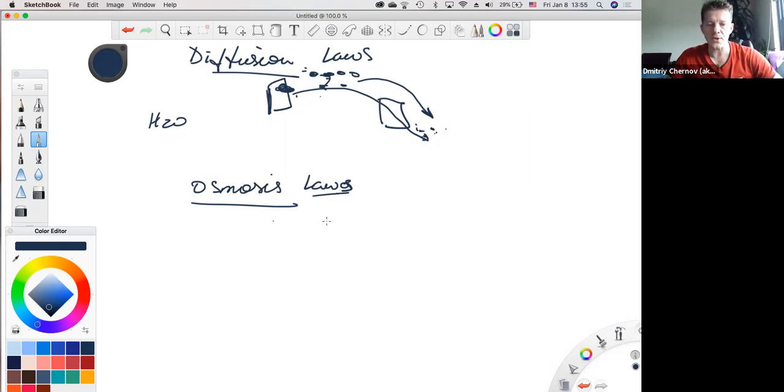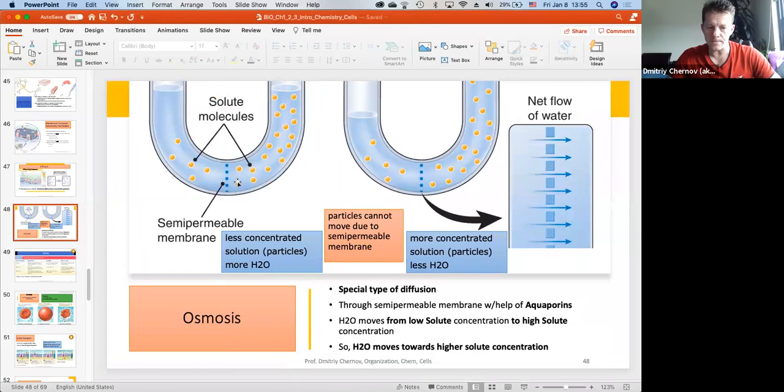Osmosis, on the other hand, is the movement of water against the concentration gradient. And now let's look at this gradient. It would be a lot easier to understand with this visual representation. Here's a semi-permeable membrane. Everything is separated by membranes, a lot of stuff in the human body.